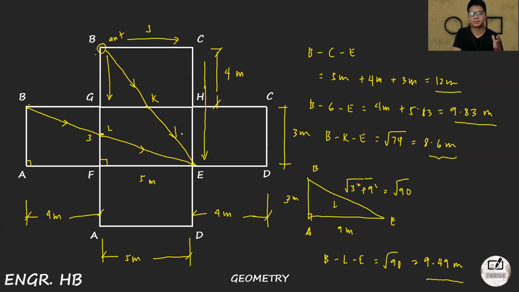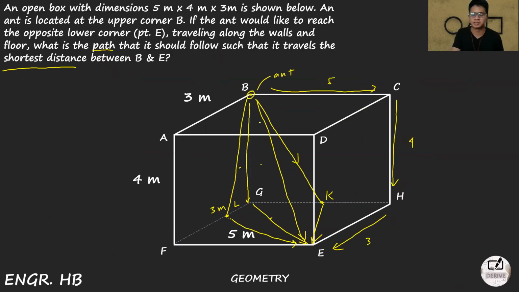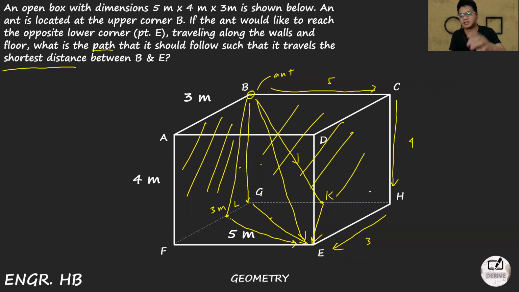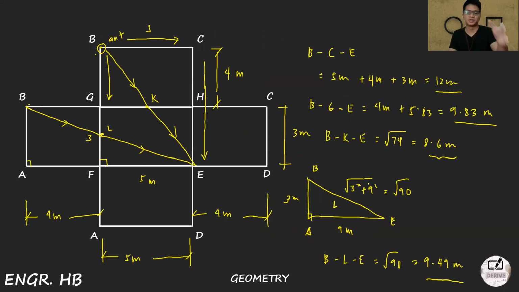So, ang pinaka pwede niya na lang gawin, based dito sa drawing, is dito sa portion na to siya maglakad papuntang point E and dito. At nagawa na natin iyon sa ating drawing dito. So, ibig sabihin, itong apat na option lang ang pinaka-possible. So, out of the 4 results that we got, the shortest distance is 8.6 meters.